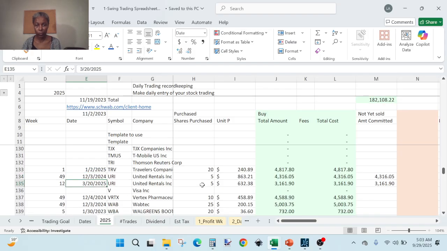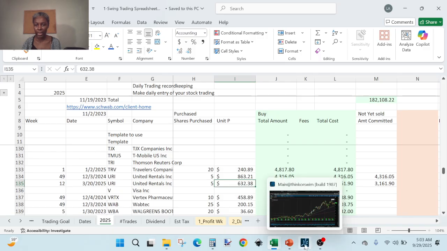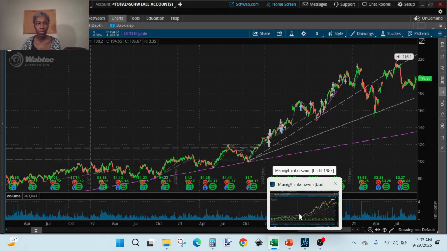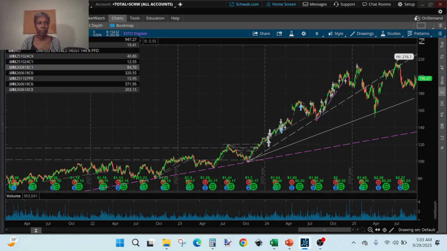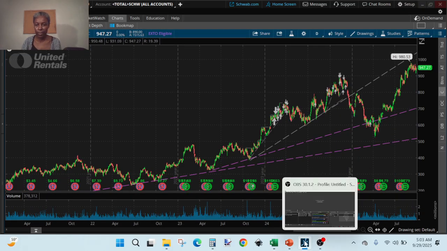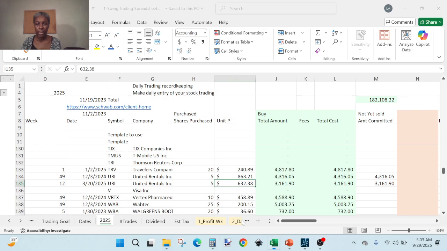The same number of shares, but you can see the price difference between the two. And right now, I think it's what, A84? No, let's go back to URY, 947. So you can estimate the profit there per share, 947. So we have profits on both.